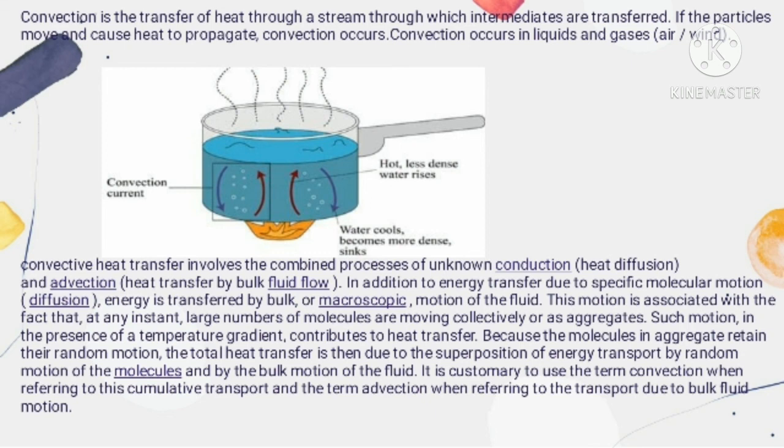The total heat transfer is then due to the superposition of energy transfer by random motion of the molecules and by the bulk motion of the fluid. It is customary to use the term convection when referring to this cumulative transport, and the term advection when referring to the transport due to bulk fluid motion.